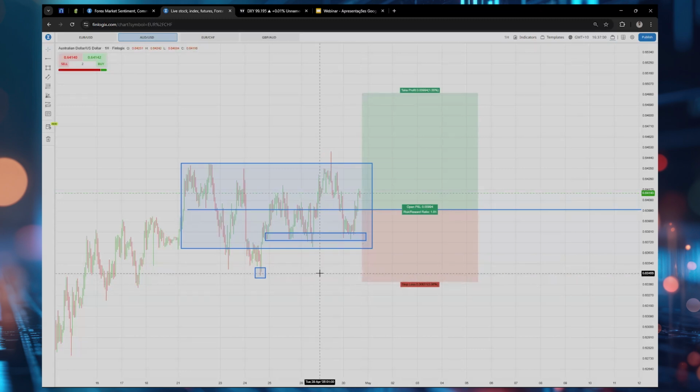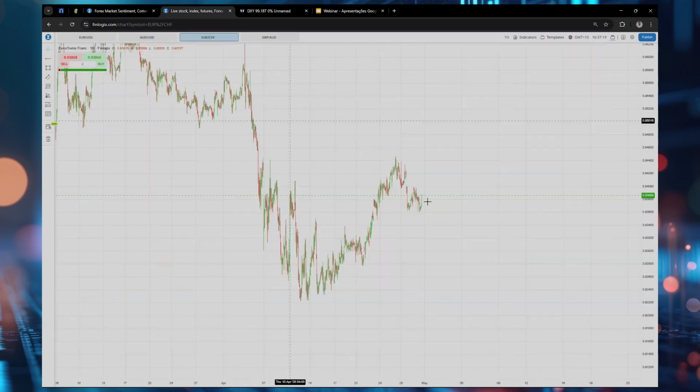It's completely up to you. Both of them are valid areas. I prefer to have the stop loss below these levels, because if we get wicked here, we still have this support area that will maybe support the price. Okay, Euro CHF longs, we can long.